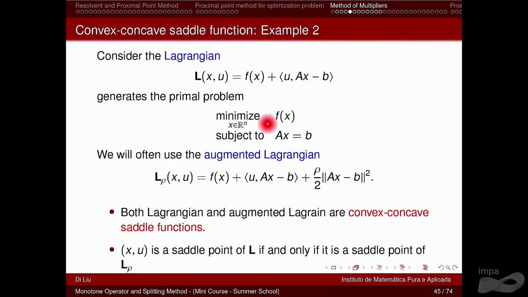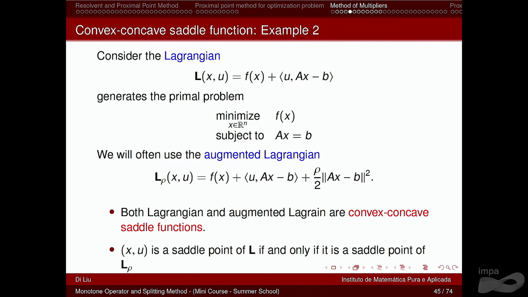We will mention it later. If f is convex and we fix u, this is a convex function in x, okay? And if we fix x, this is a linear function, an affine function of u, okay?